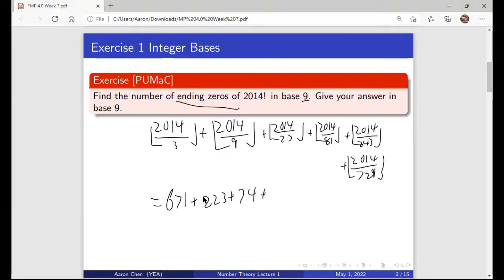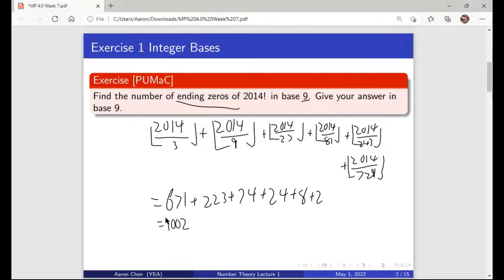And then the floor of 2014 over 81, which would be 24. Then the floor of 2014 over 243, which is 8. And then the last one, the floor of 2014 over 729, is 2. And so if you add everything up, you'll see that this is exactly equal to 1002.